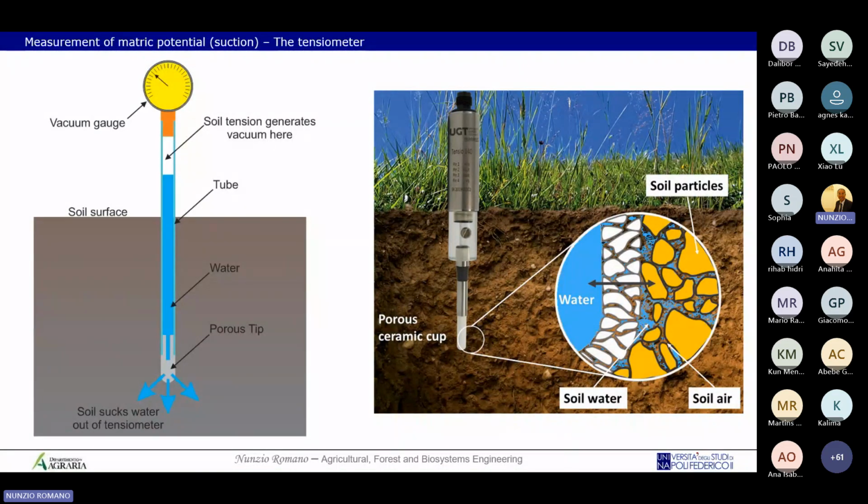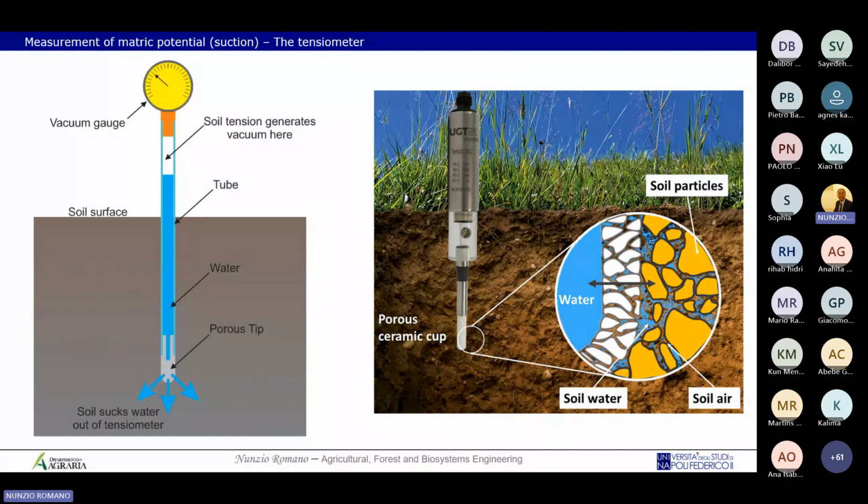Again, the idea is to use a porous cap at the bottom of the tube, and the very small porosity of this cap means that air cannot flow through it, but the water in the tube comes into equilibrium with the water in the soil.